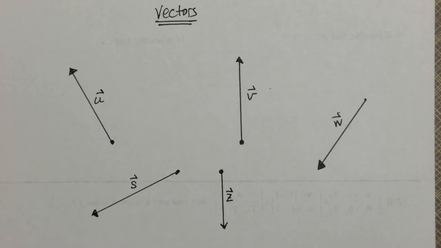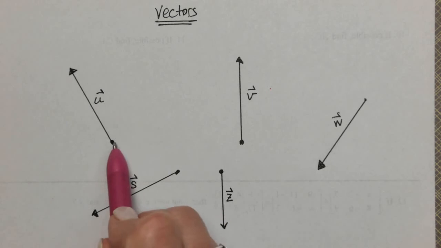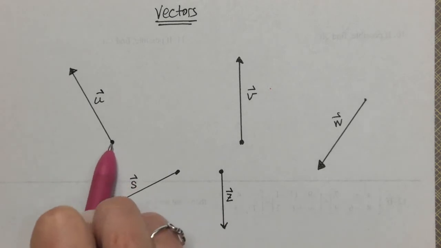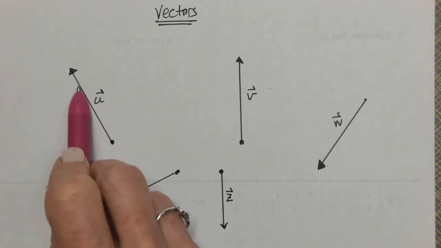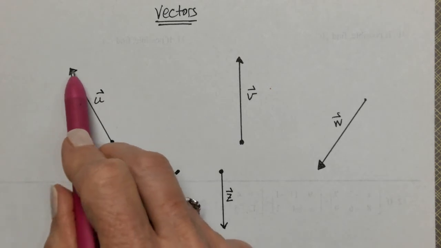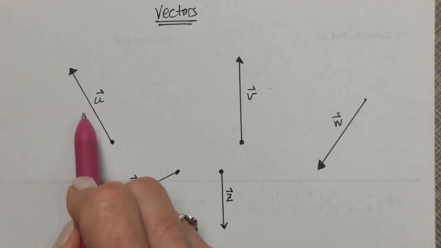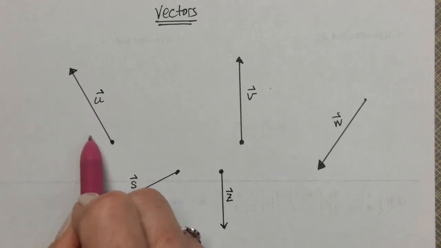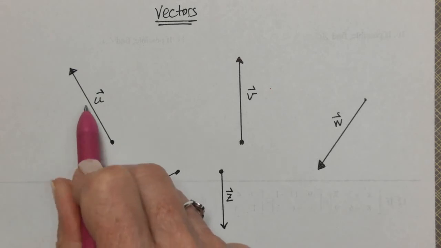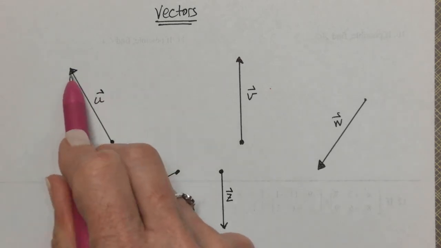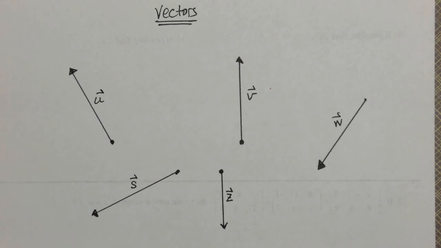Okay? So for a vector, we have an initial point, and the vector goes off into a direction, and it does stop. I know that it has an arrow here, but that arrow does not mean it keeps on going. You can have very short vectors, you can have very long vectors, whatever. So it does have magnitude.